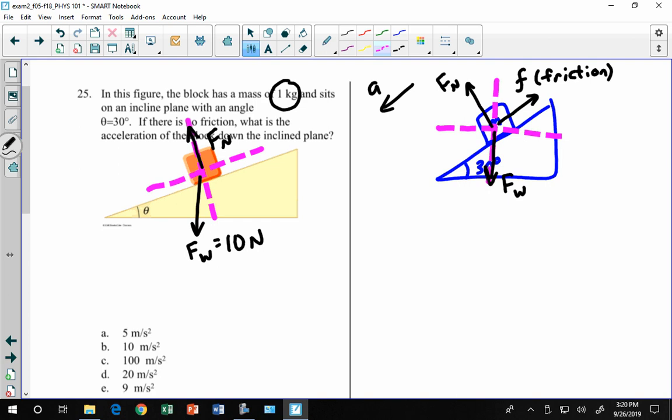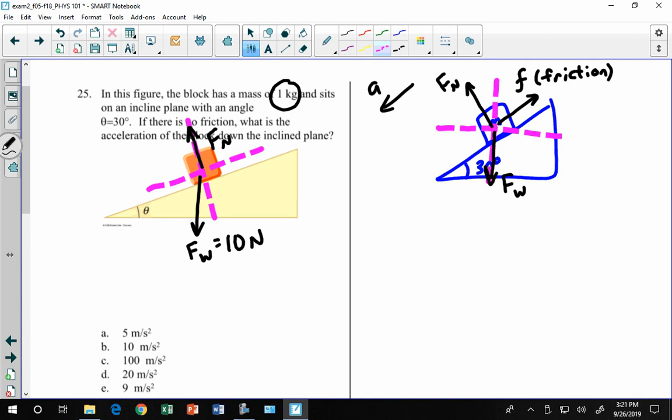Remember the 3 steps? I do my free body diagram. That's just the picture with the coordinate system and all the forces that are labeled. What's the second step? Starts with an R. Resolve the vectors. So resolve all the vectors into their x and y components, and then apply Newton's second law.